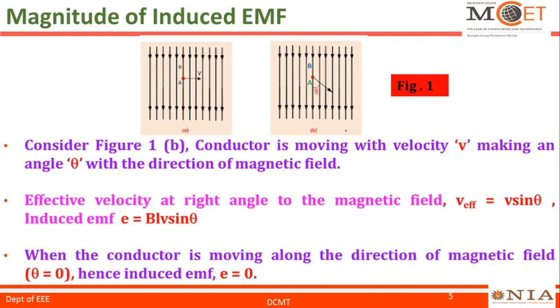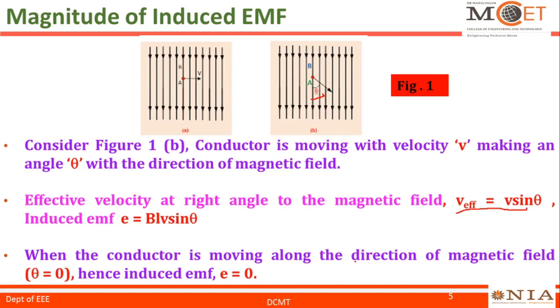Consider figure 1b. The conductor is moving with a velocity v, making an angle theta with the direction of the magnetic field. Effective velocity at right angle to the magnetic field, v effective, is equal to v sin theta. Induced EMF is E equals BLv sin theta.